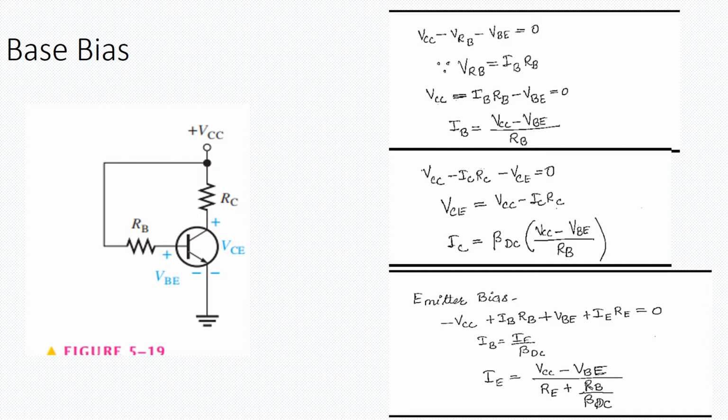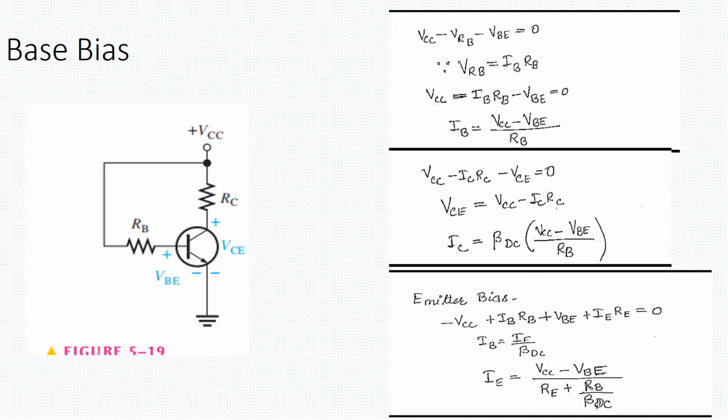For finding out the base current, we apply Kirchhoff's voltage law in this input circuit. This is your input circuit, and this is your external output circuit. So VRB, the voltage across RB, is IBRB.